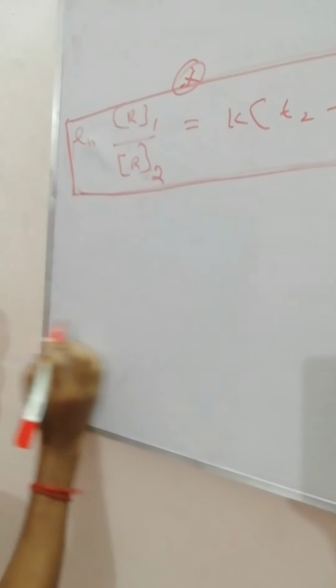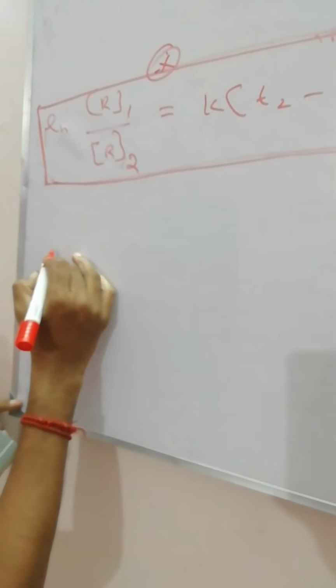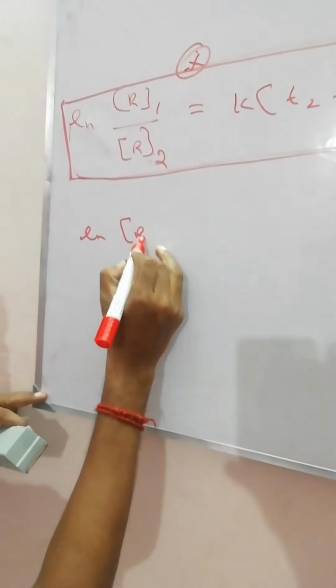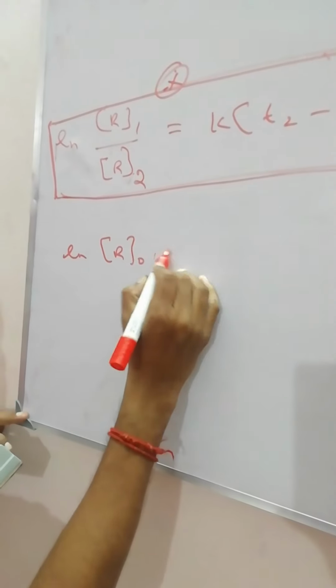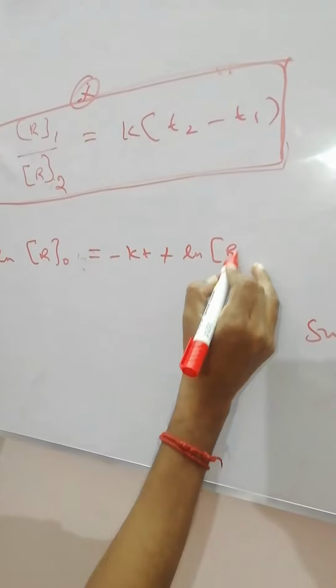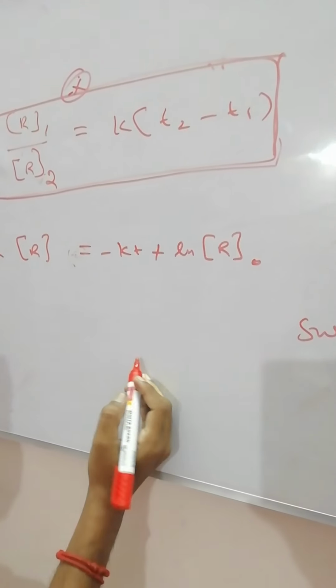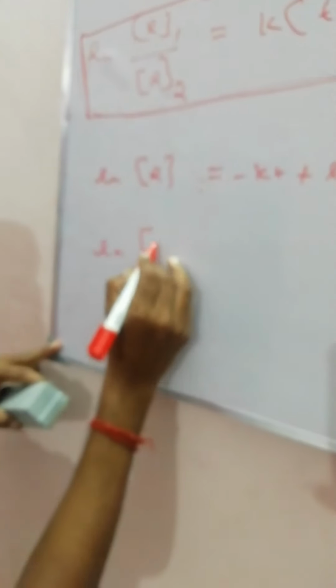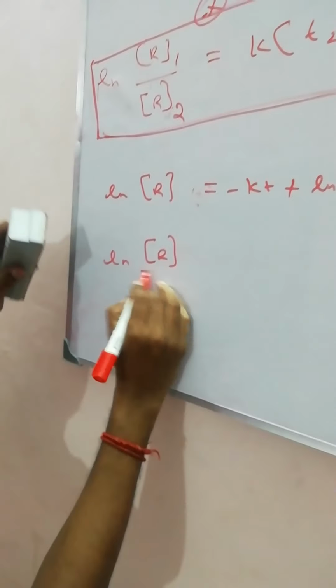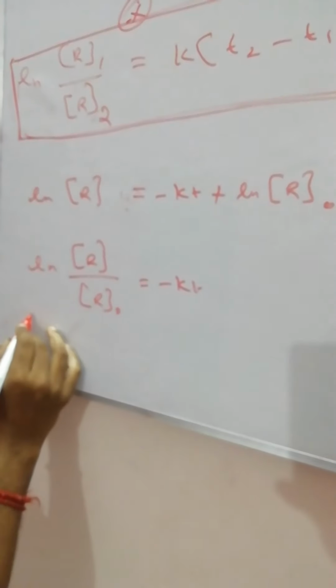Next, ln R0 equals minus kt plus ln R. So ln R by R0 equals minus kt.